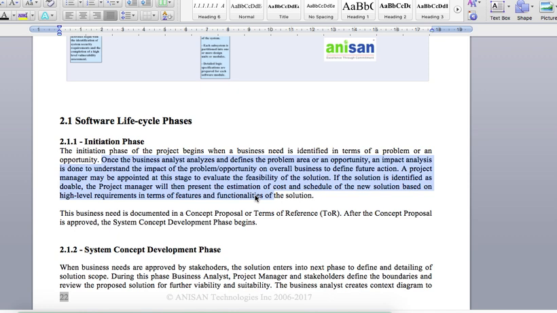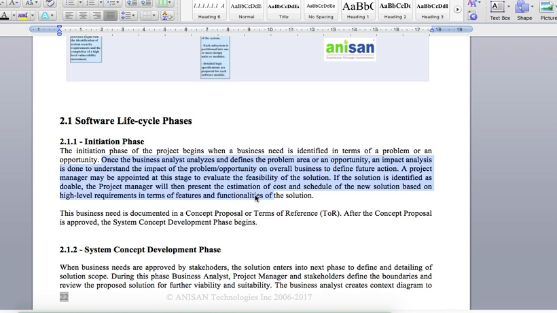Okay, so this is a problem and this is a possible solution. Now here we are talking at a very high level, and this may change over a period of time when we analyze it further. Okay. The project manager may be appointed at this stage to evaluate the feasibility of the solution.